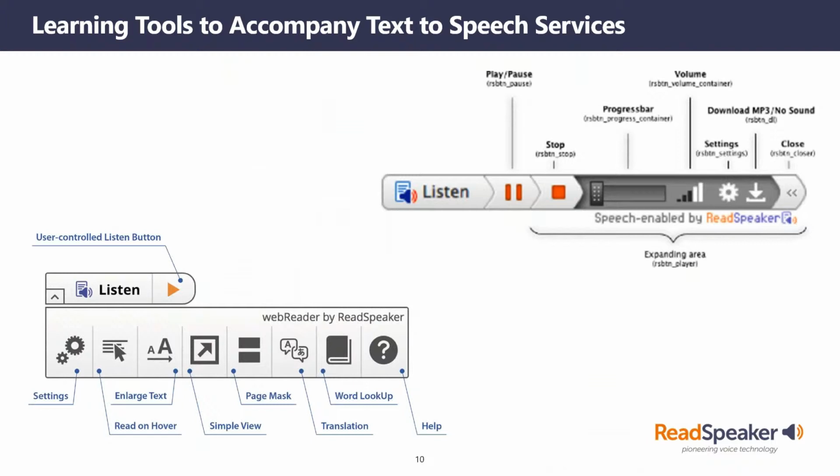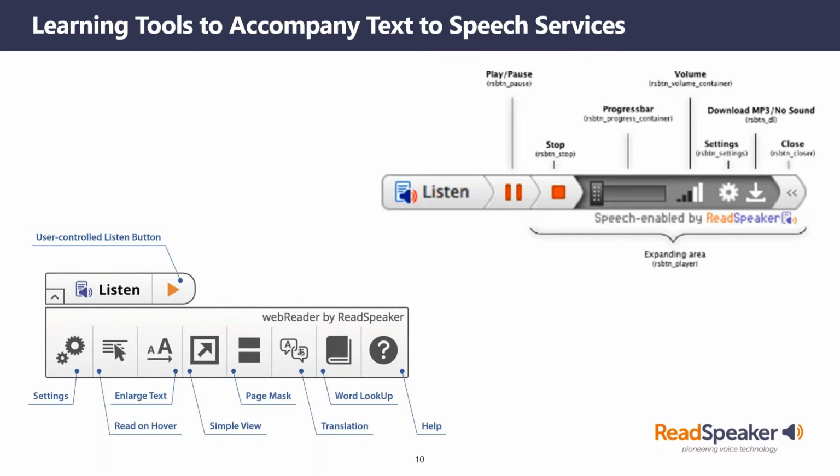When we talk about our text-to-speech service, when ReadSpeaker first started, we had our implementation of a play button, and it started very simple as, we simply would read the text back to the website user, to the learner. And then over time, we had requests for additional tools and features. So we started to build out what we call our listen bars.